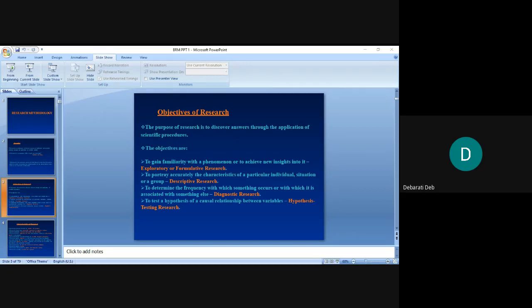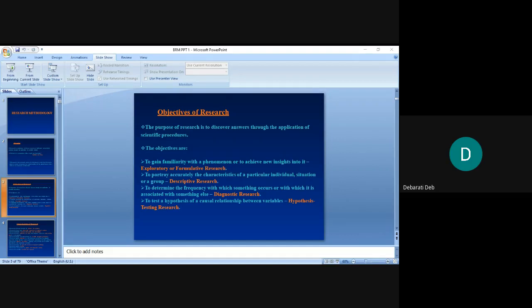So the objective of the research is to gain familiarity with a phenomenon or to achieve new insights into it. Then in the orange format you can see on your screen, these are exploratory or formulative research. These are the different types of research. It's not that you are limited to only one specific type of research.